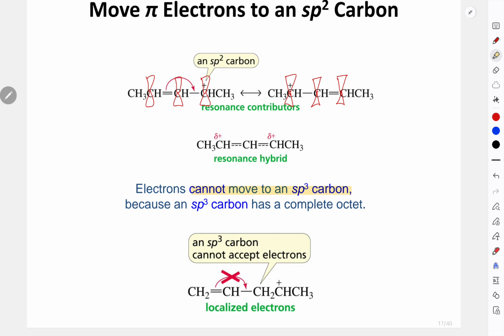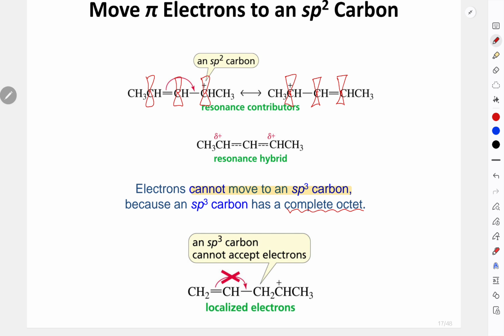Then you can form a new double bond in the second resonance contributor, and the positive charge will remain on the carbon next to it. And these two will form the resonance hybrid. You can basically mix these two resonance contributors.